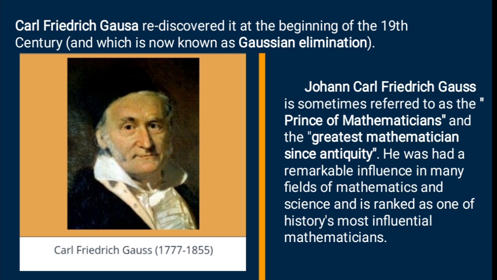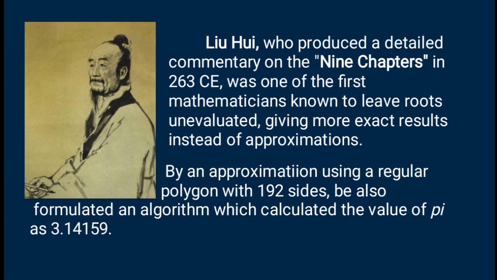Among the greatest mathematicians of ancient China was Liu Hui, who produced a detailed commentary on the Nine Chapters in 263 CE, or current era. He was one of the first mathematicians known to leave roots unevaluated, giving more exact results instead of approximations.